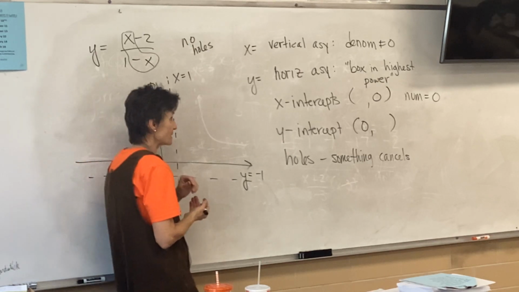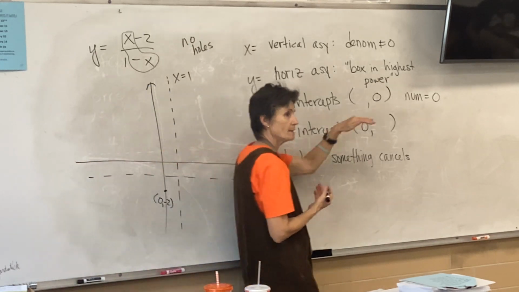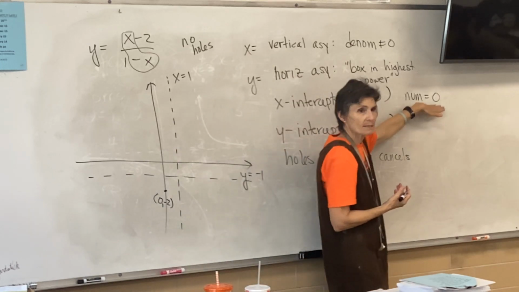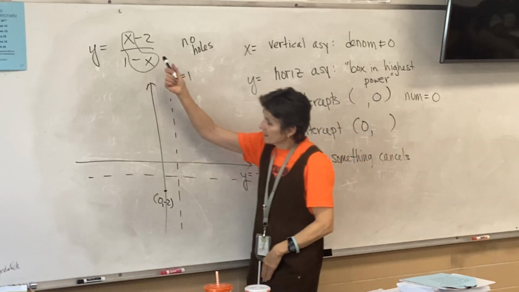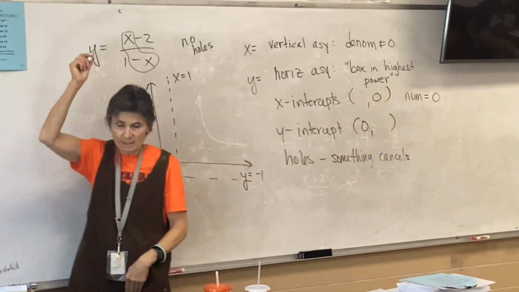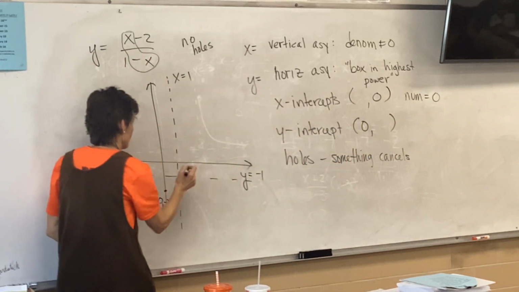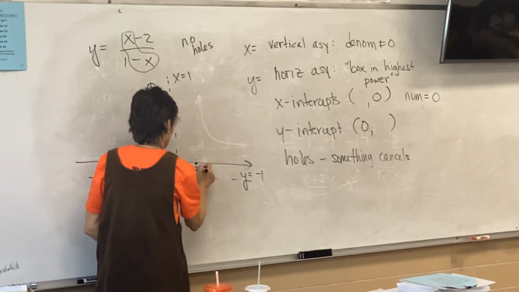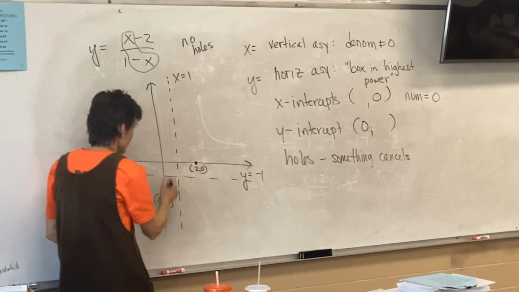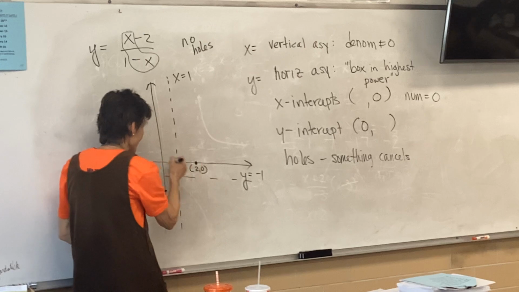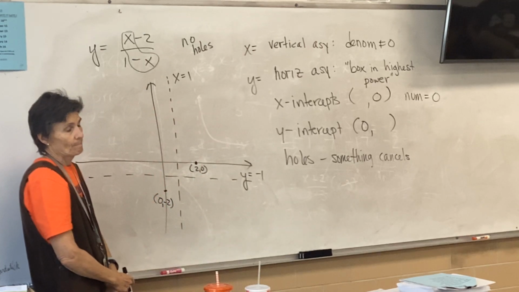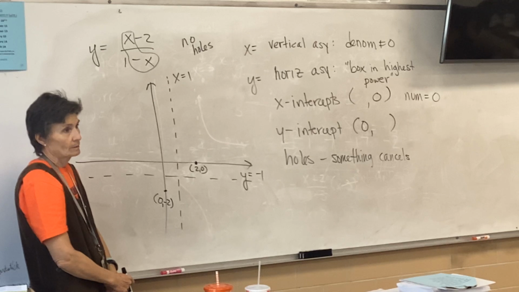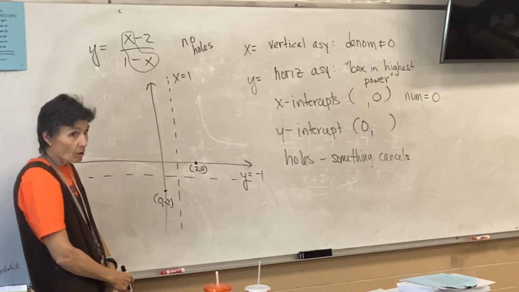Now, what was the shortcut to getting our x-intercepts? Numerator equal to 0. What would make the numerator equal 0? 2. So these are intercepts. So they're going on the axis, not on the asymptotes. They go on the axis. Now all our bases are covered.